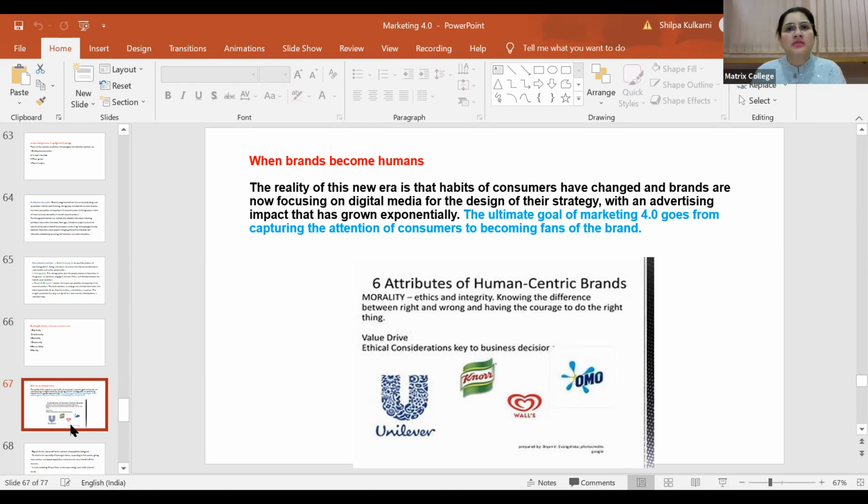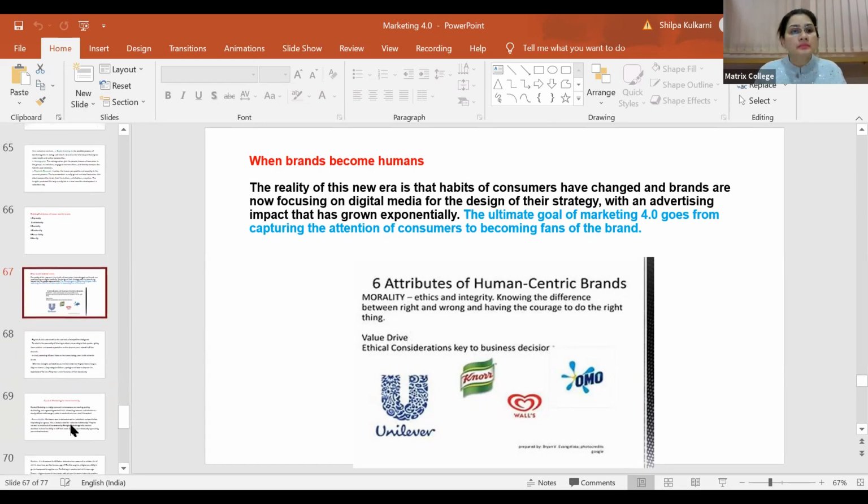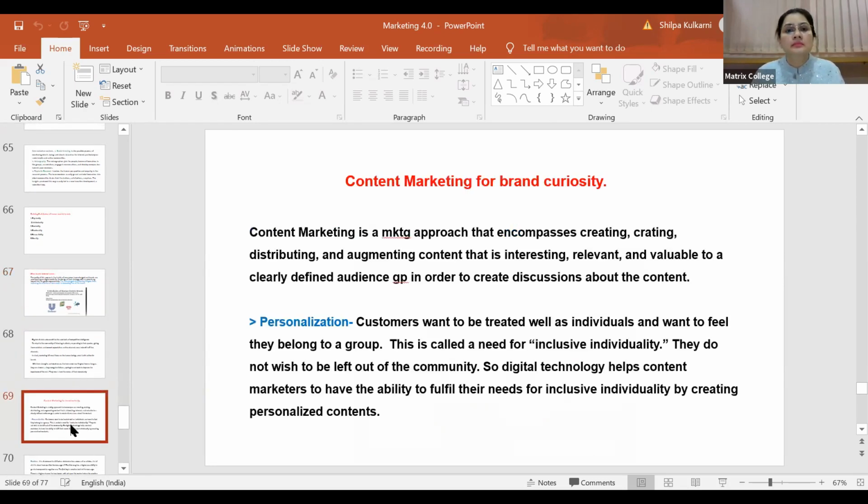Then content marketing for brand curiosity. In content marketing for brand curiosity, we studied that content marketing is also considered to be another form of product journalism and trademark publishing that creates a deeper connection between products and clientele.